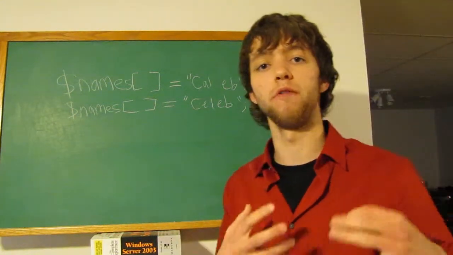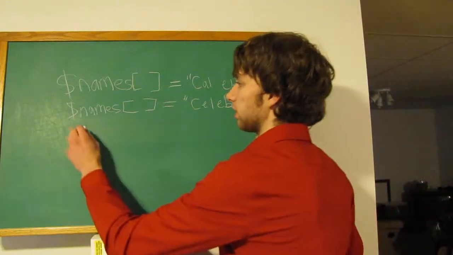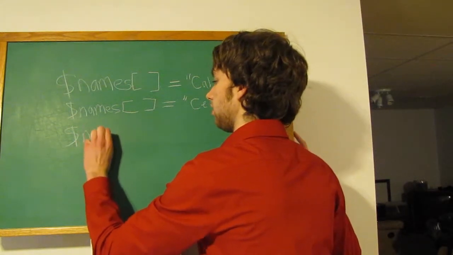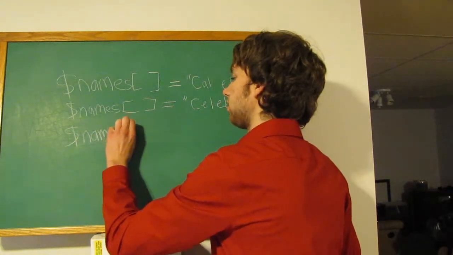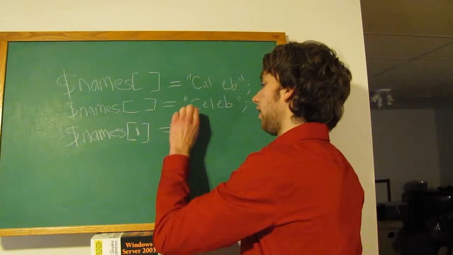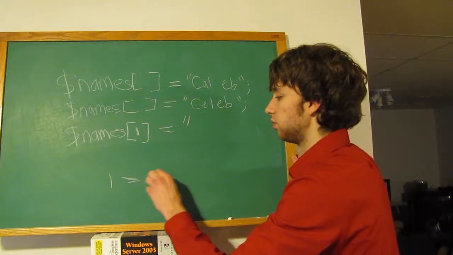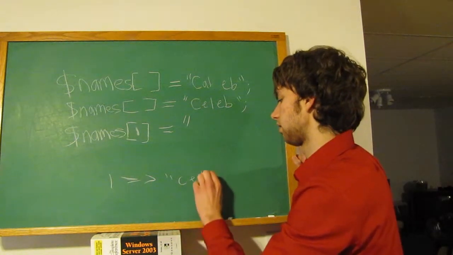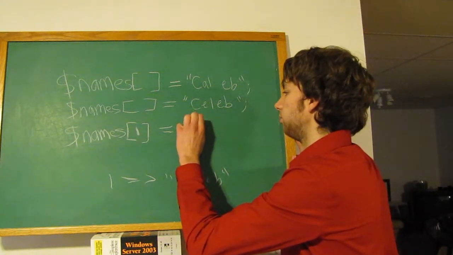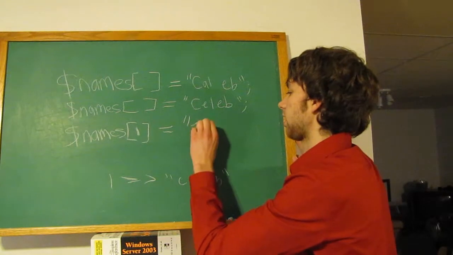Now, what if we want to override something in the array? Well, we could do something like this. Names, and then within this box put a 1, and then change, now this number 1, originally 1 pointed to Caleb, well now we're going to change it to tiger.